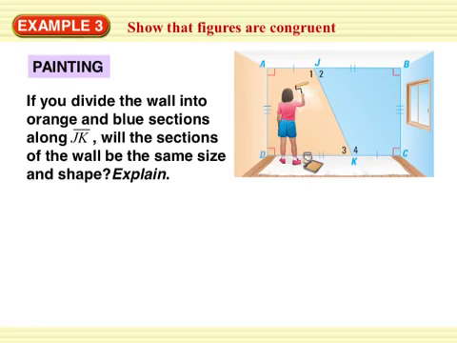Painting. If you divide a wall into orange and blue sections along segment JK, will the sections of the wall be the same size and shape? Explain. If we look at orange, if I write a congruence statement, I can say that AJKD is congruent to, let's look at this.